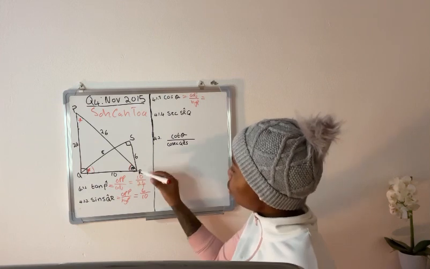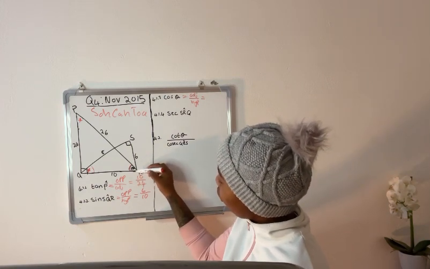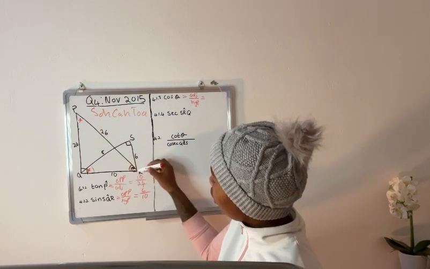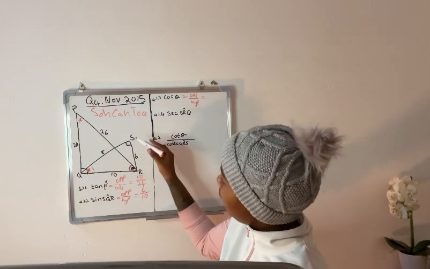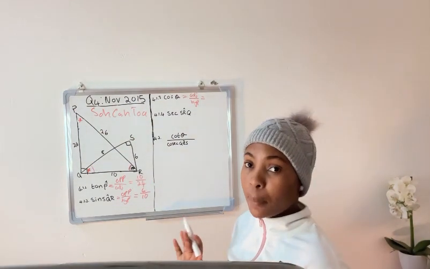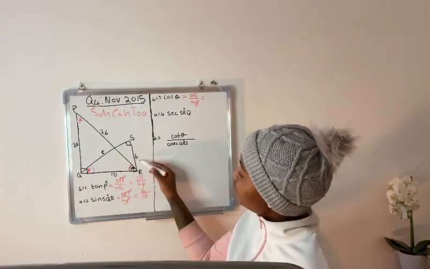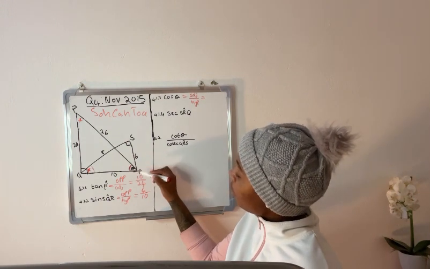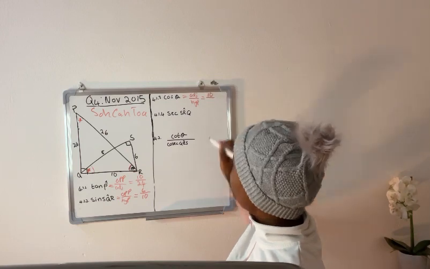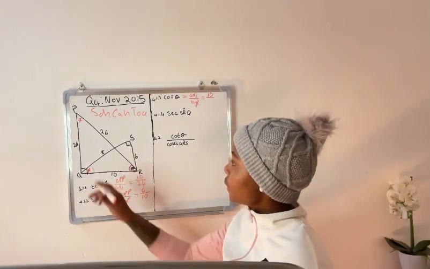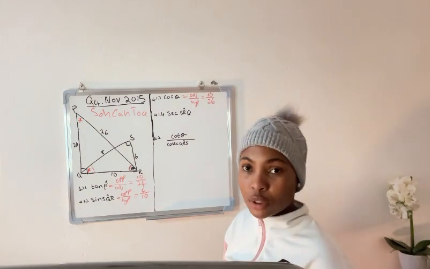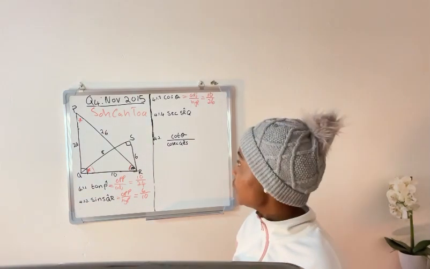Before we go there, we notice that our angle theta is located in triangle PQR, so we will only focus on triangle PQR. Now the adjacent side of theta is 10. So this is 10 over the hypotenuse, which is the longest side, 26. So cos theta is equal to 10 over 26.